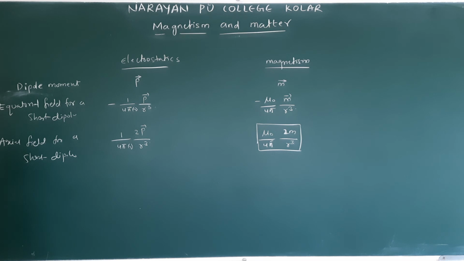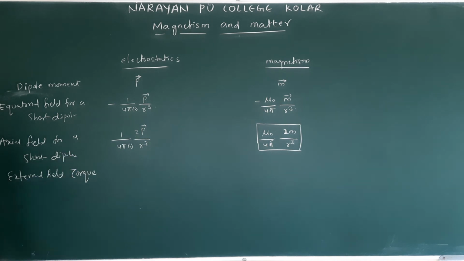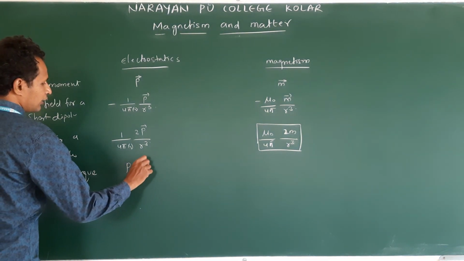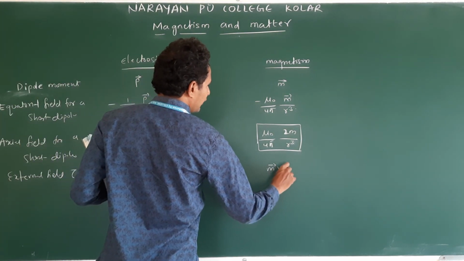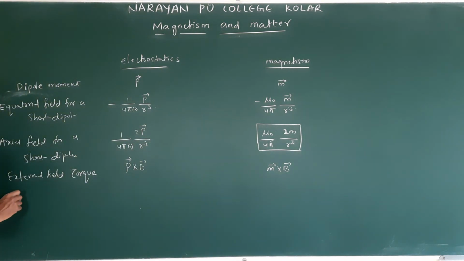external field torque. What is the torque experienced by a dipole? P cross E. Here M cross B. Next, energy in an external field.